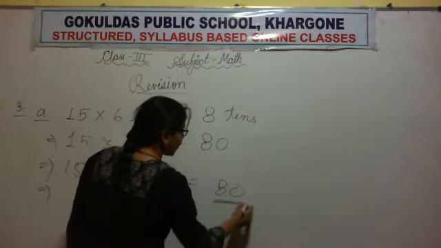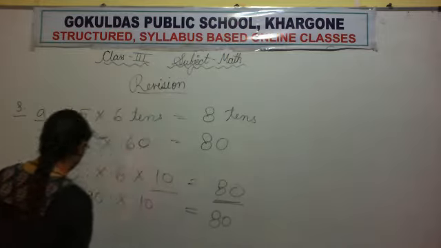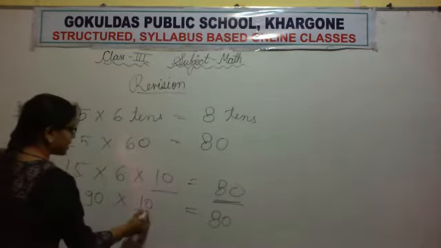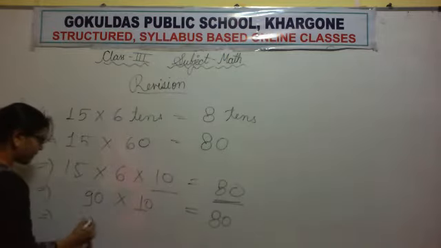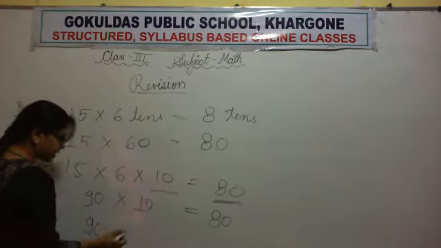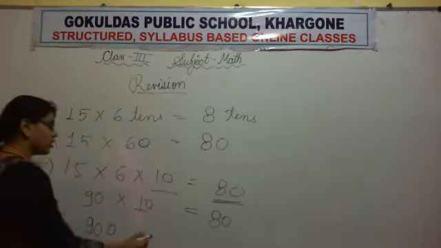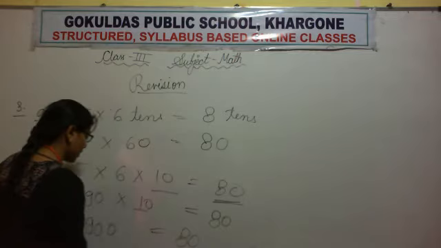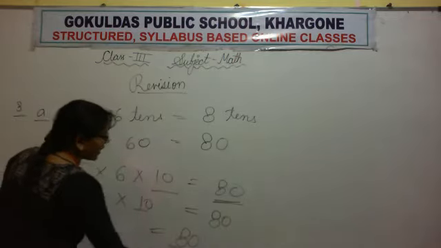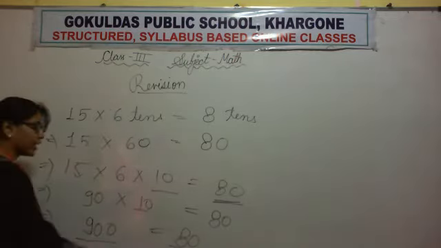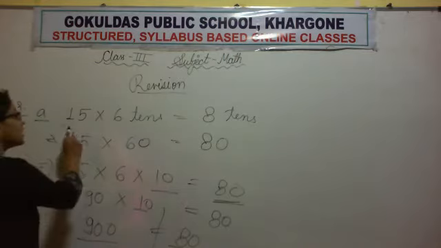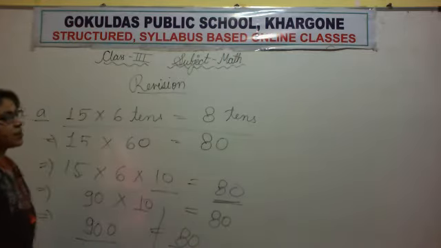So in the place of 15 into 6, we will write 90 into this 10 as it is. Is it equals to 80 or not? We need to find out that. So now 90 times 10. 10 is 1 followed by 1 zero. So we will write 90 as it is, and we will put this 1 zero. Now can you see this 900 and 80? Are they equal? No, they are not equal. Means the statement is incorrect.